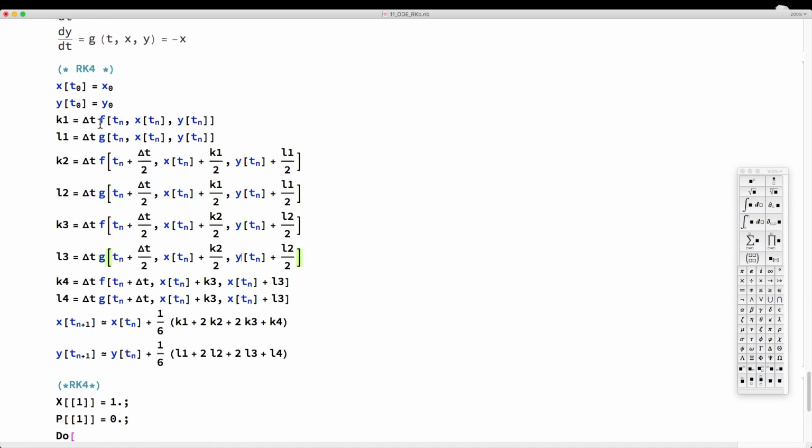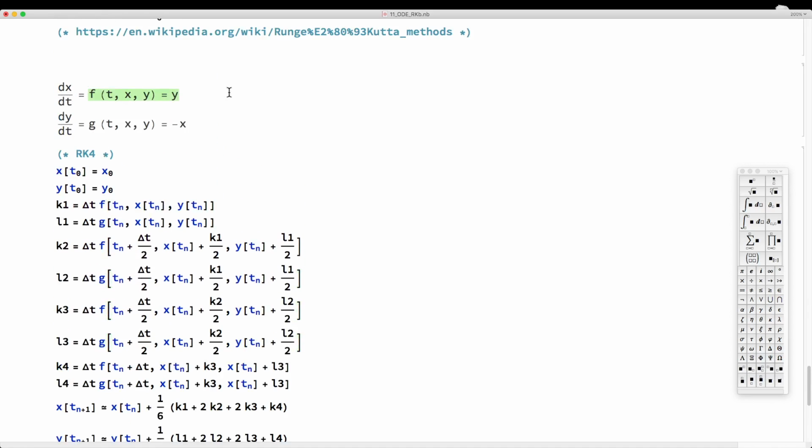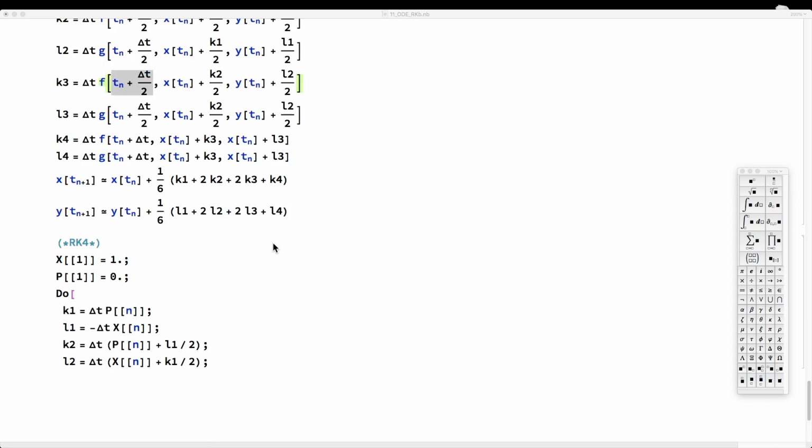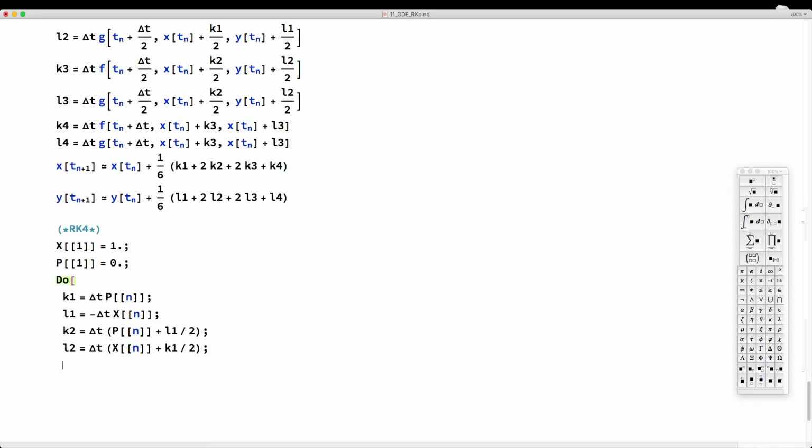All you have to do in each case is replace f by y and g by minus x and just apply these formulas. For the harmonic oscillator, it's not time dependent, so the first argument t is not needed, but you need the other arguments. So I'm simply going to write down the next two steps.